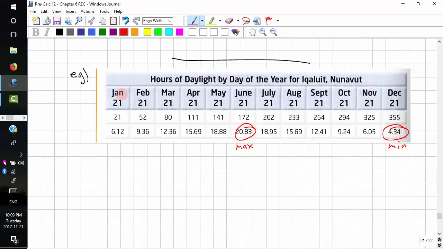And you have to decide whether you want to start at the y-axis or somewhere off the y-axis. So I like to start on the y-axis. So January represents t equals 0. And if we have that, that means December is t equals 11.